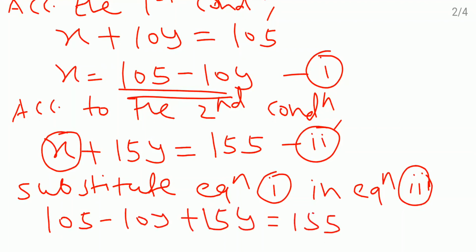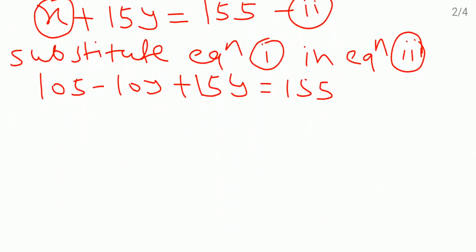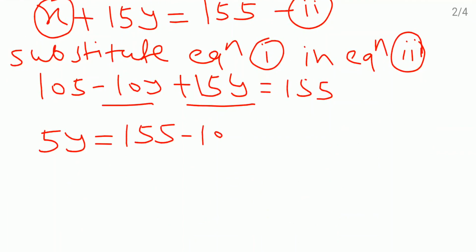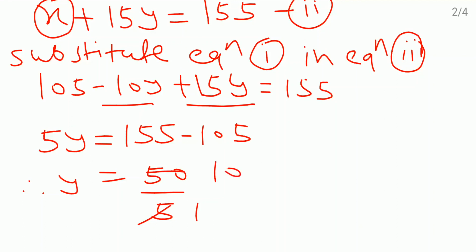In place of X, I have substituted this value. Now minus 10Y and plus 15Y gives plus 5Y, which is equal to 155 minus 105, which comes as 50. This 5 will come down to divide. So Y is equal to 5 tens are 50, Y is equal to 10.